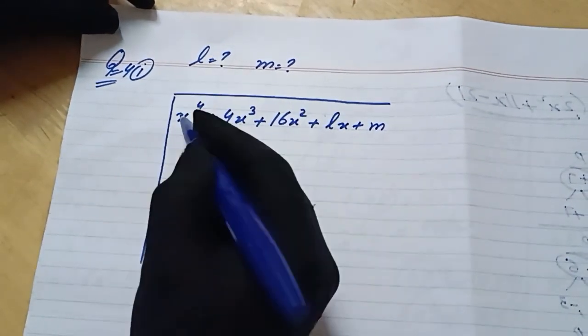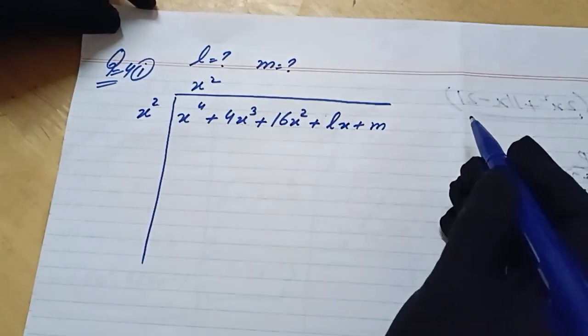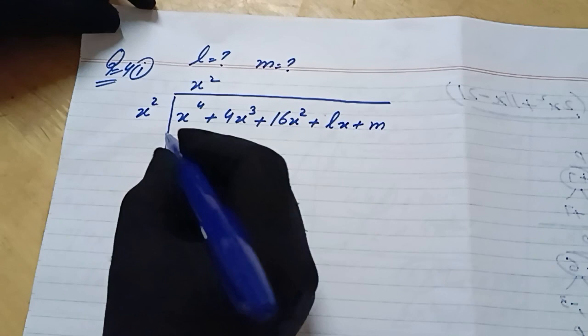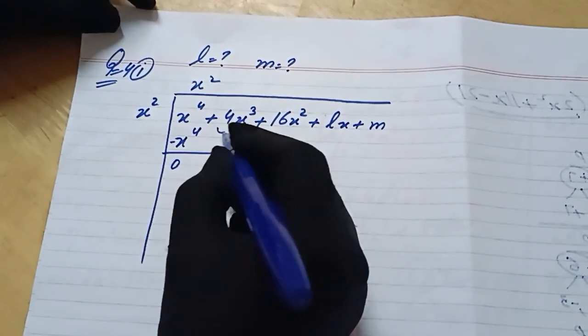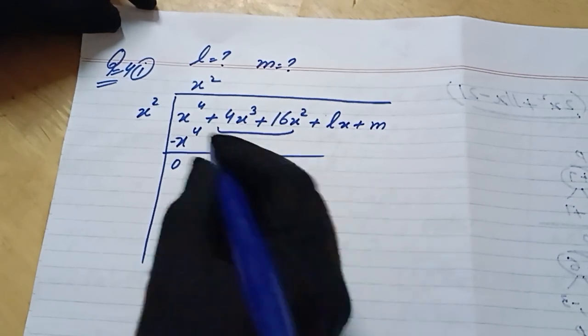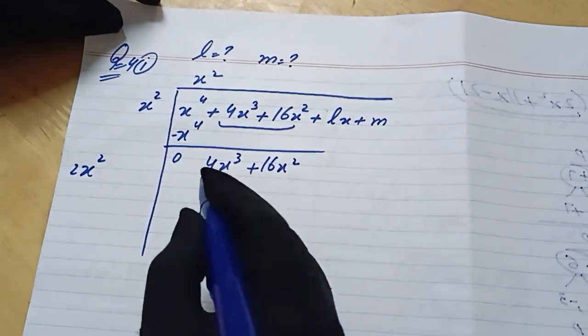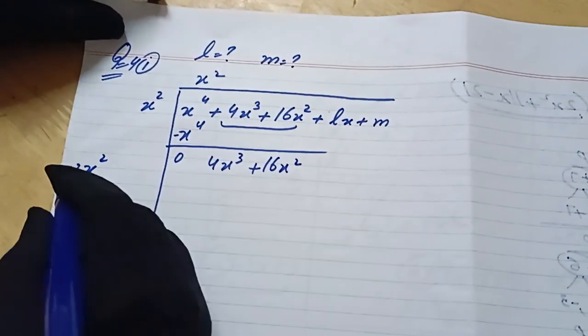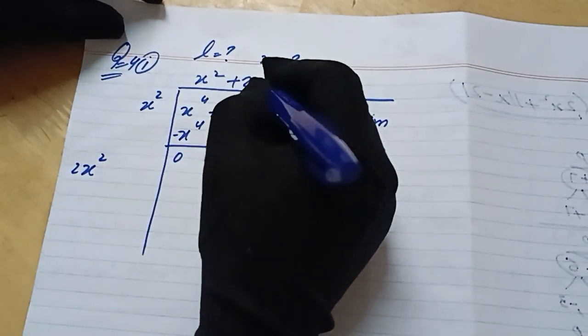Okay, so x4 factorize x square, x square. How I'm doing factorization, you can do it over here. Now multiply and get x4, subtract 0, get the next pair down, add them to get this first factor, divide first factor by first factor. So 4 divided by 2 is 2 and x cube divided by x square is x.